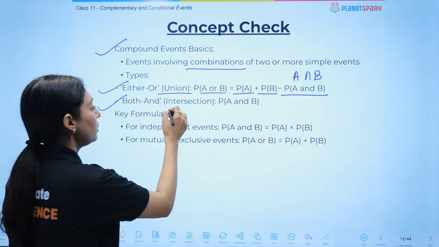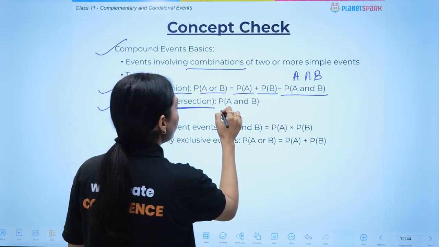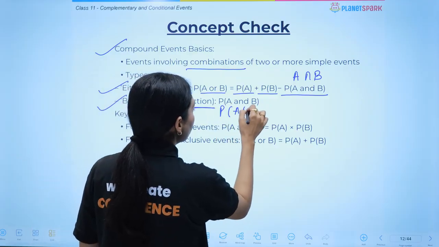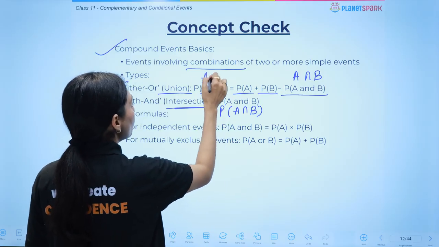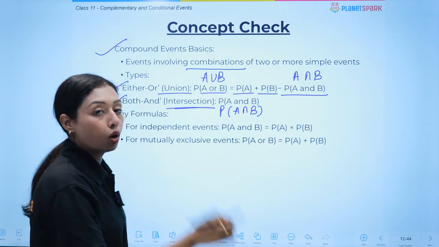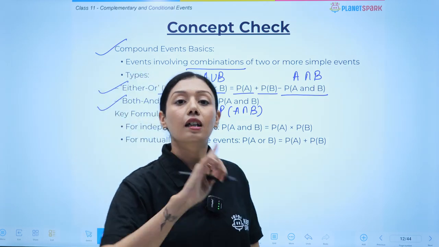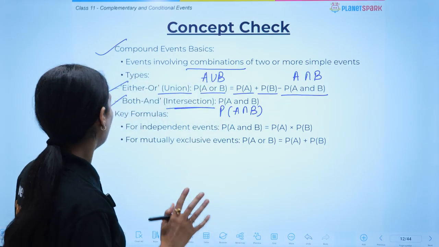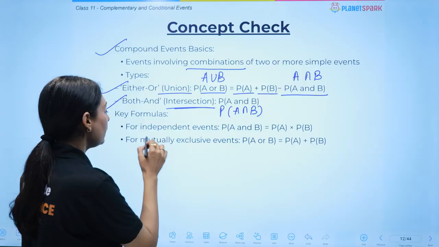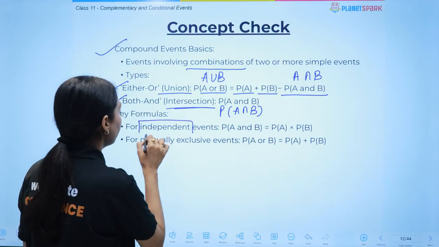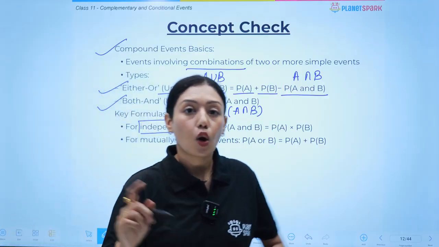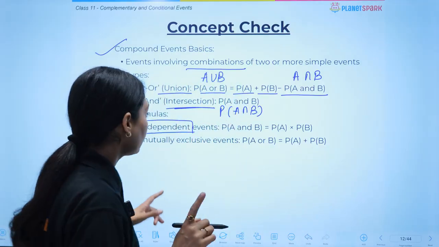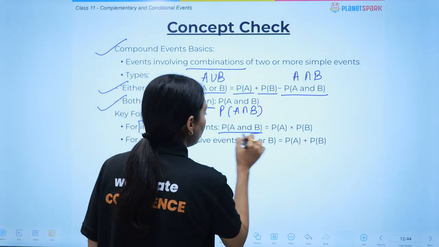Both and, that means intersection. So probability of A and B, that is probability of A intersection B. Or B means union. So we can write it as probability of A union B. Or matlab union, and means intersection. Okay. Now, what are the formulas there, everybody? If independent events are there, events which are independent of each other, in that case probability of A and B will be what?